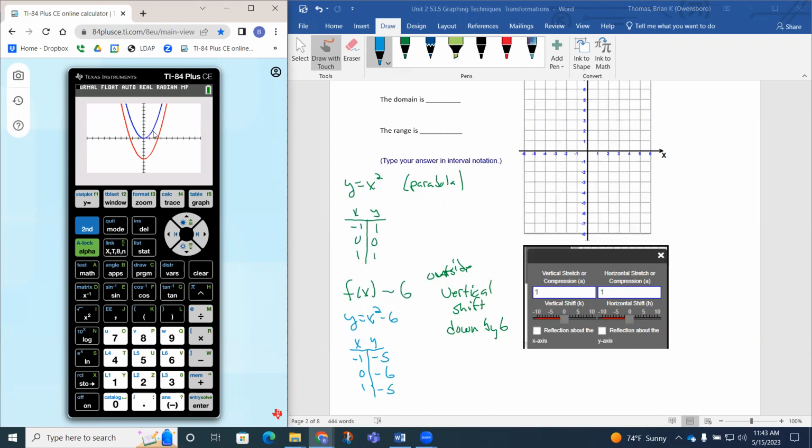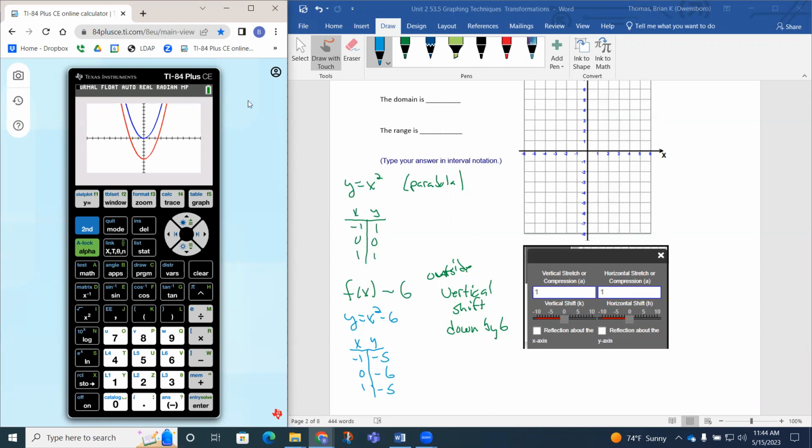But notice how the function basically has the same opening, but the 0, 0 is now at 0, negative 6. The 1, 1 is now going to be at 1, negative 5, and the negative 1, 1 is now going to be at negative 1, negative 5. So those three points have actually been dropped down here to create a sketch of the graph.